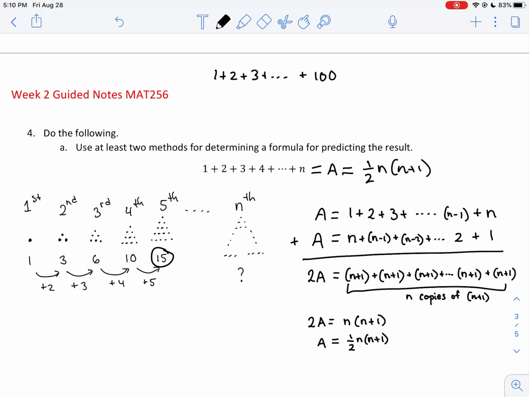But I asked you to problem solve this and come up with a couple ways of doing this. Well, using the formula we just generated, I could say, well, it's going to be 1/2 of 100 times 101. So this formula should produce the answer that you should have found doing that first homework. I'll let you look back at your homework and verify that.